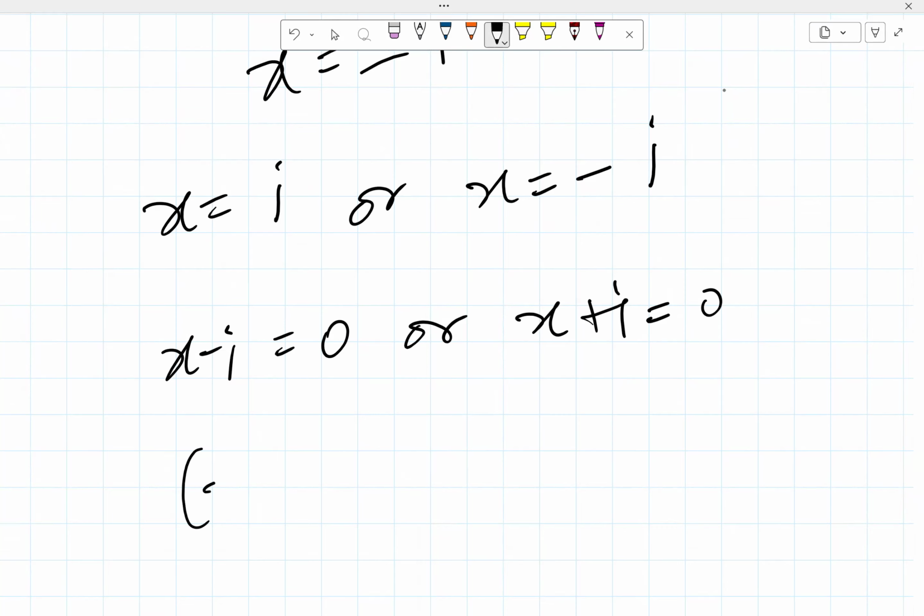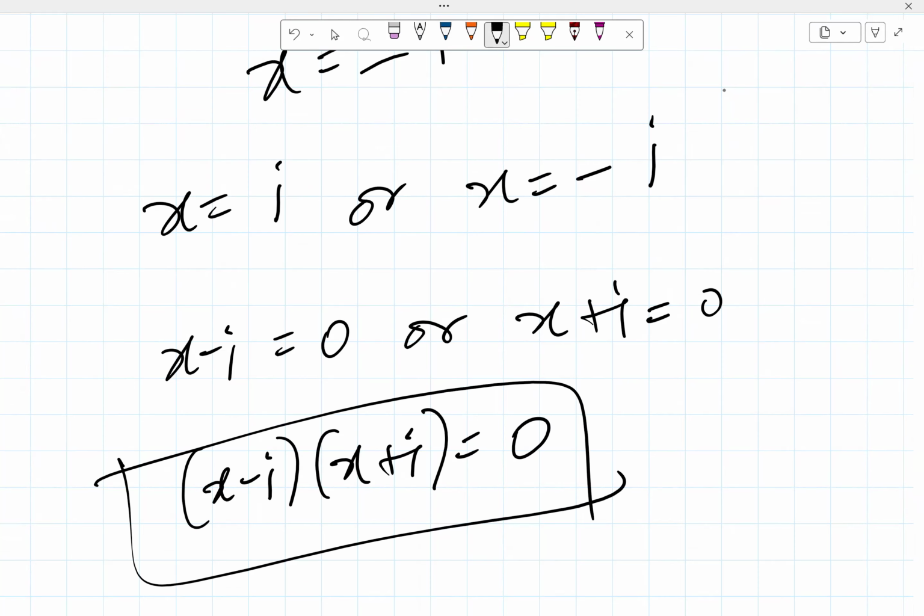So we have x minus i times x plus i is equal to 0. Now, how do you know that this is true? This is exactly the same thing as x squared plus 1 that brought us here. How do we know this is true?